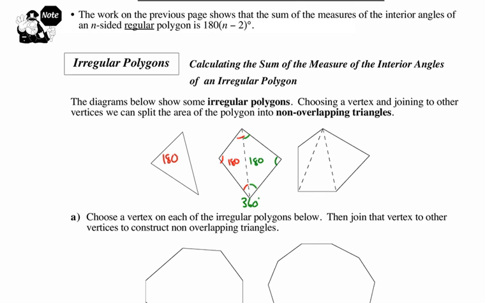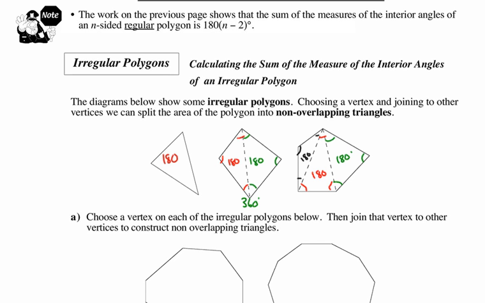So again, if we take the vertices and we make triangles, again, the triangles cannot overlap. We have here the first triangle would be 180. The second triangle here would be another 180. And the third triangle is, again, this angle, this angle, and this angle.